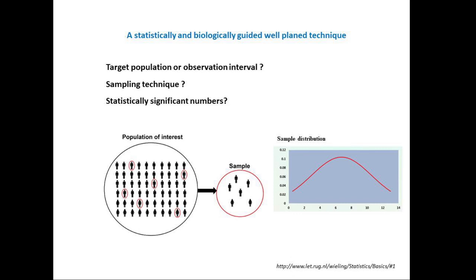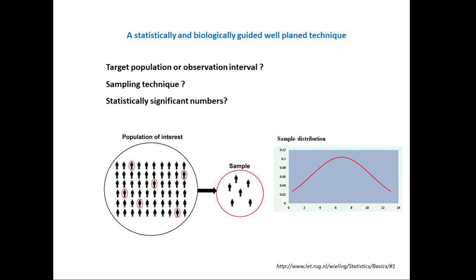So in this picture, in the left-hand side panel, from a whole target population marked as a red circle, you have selected only a few, let's say 6 individuals. So these 6 individuals are samples taken from the target population. So this is the target population and this is the sample.